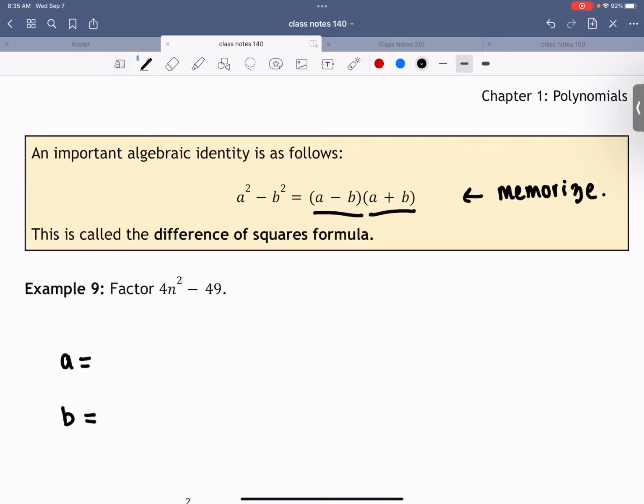This is 7 squared, right? Okay, perfect. So we have something minus 7 squared. What is b? 7, right? B is the thing that is squared. Does that make sense?